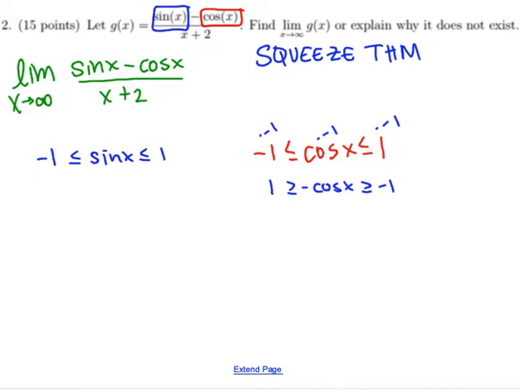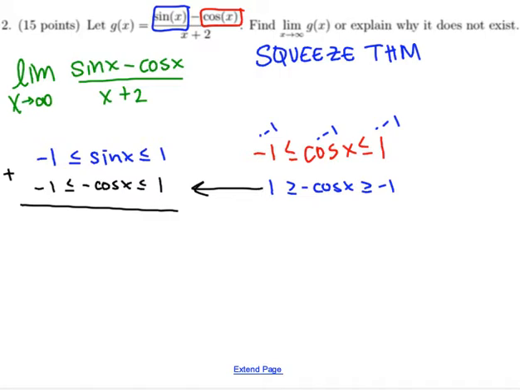Now I want to have sine plus a negative cosine, so I'm going to write this below here, in the order it's supposed to be. You see how my inequalities are opposite? Let's flip around. So I'll have negative 1. Now if I add these together, I'll see who I can squeeze sine of x minus cosine of x in between.